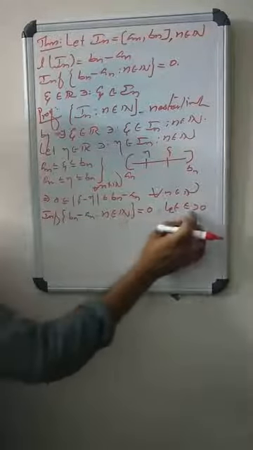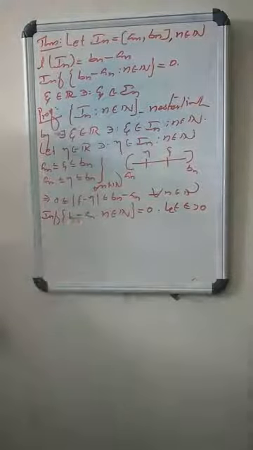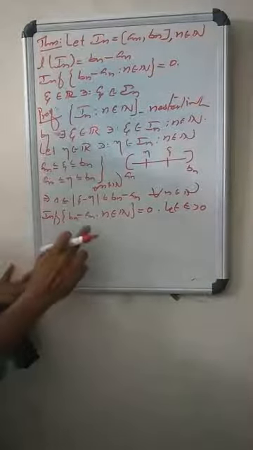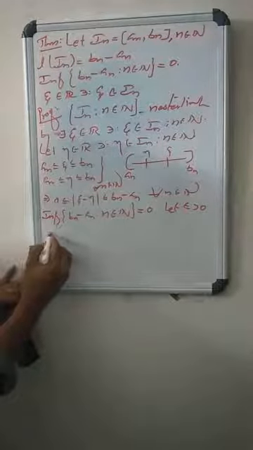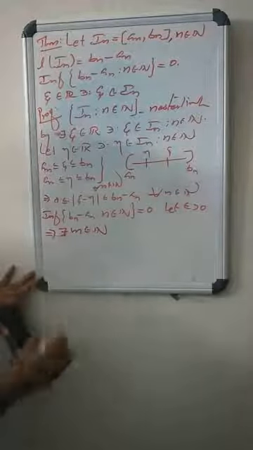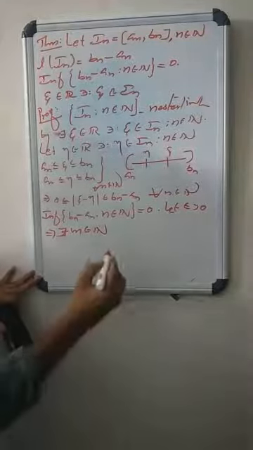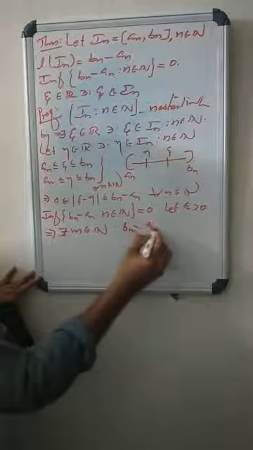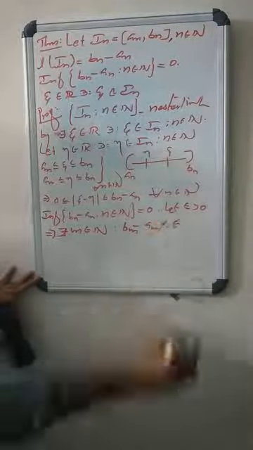Since the infimum is 0, epsilon is not an upper bound of this set. Epsilon not being an upper bound means there exists a natural number m such that b_m minus a_m is strictly less than epsilon.